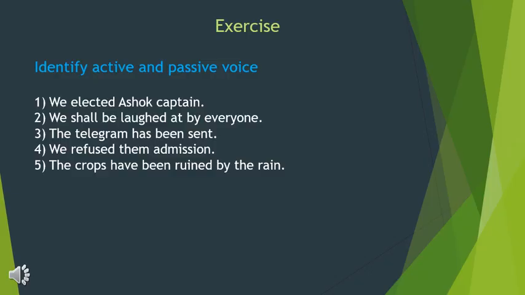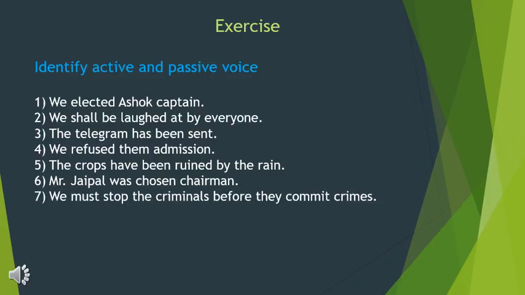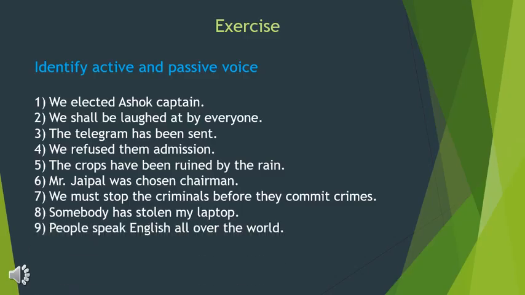The crops have been ruined by the rain. Mr. Jaipal was chosen chairman. We must stop the criminals before they commit crimes. Somebody has stolen my laptop. People speak English all over the world. Ria narrates a story to the children.